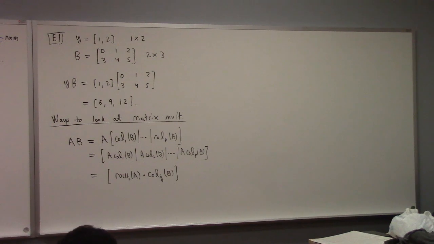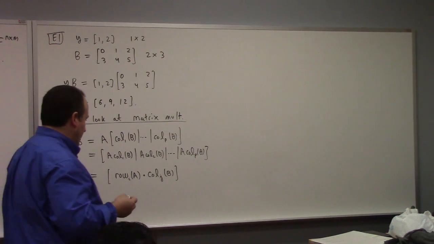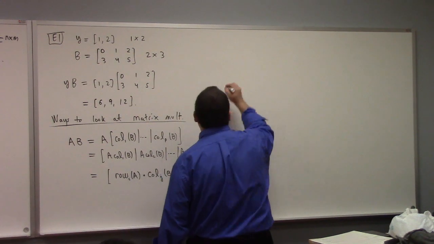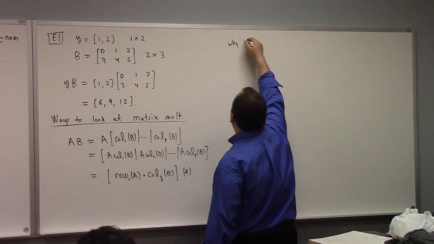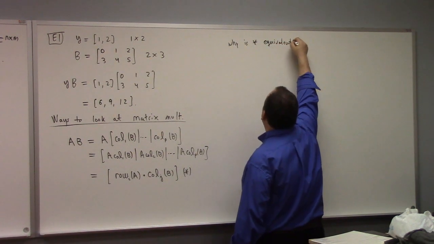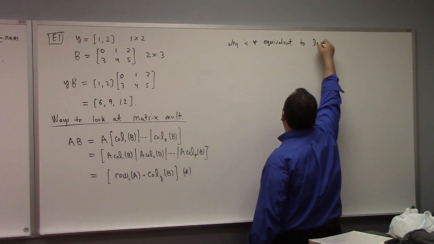I don't use this notation too much, but it's probably worth taking a second to examine how that formula works. All right, let's think about that for just a second. Why is star the definition? So why is star equivalent to my definition of matrix multiplication?